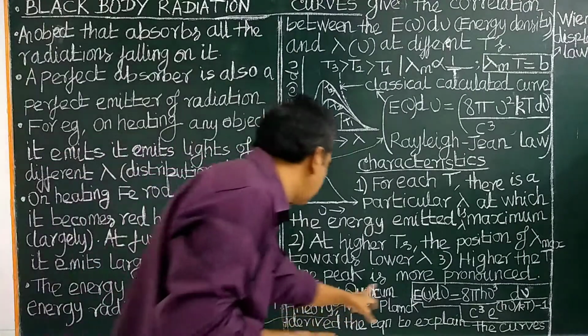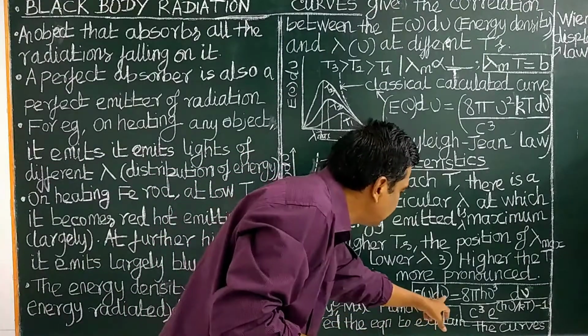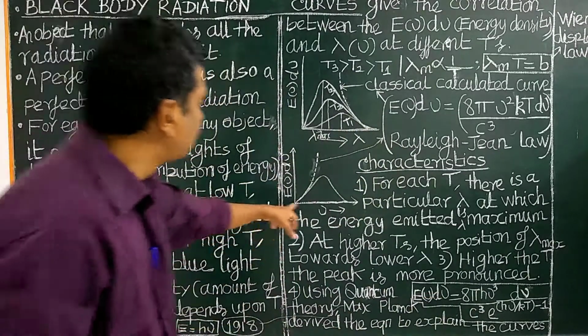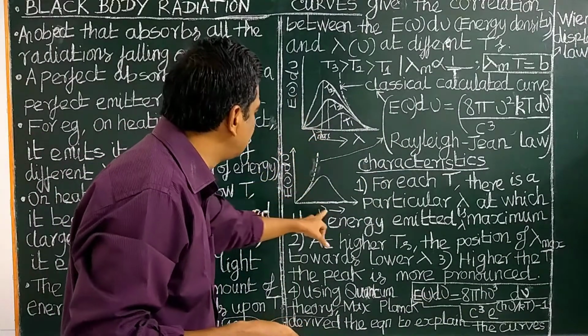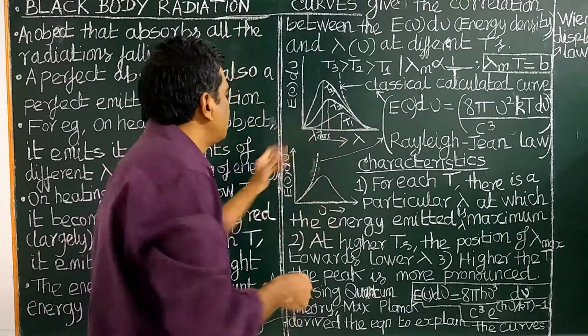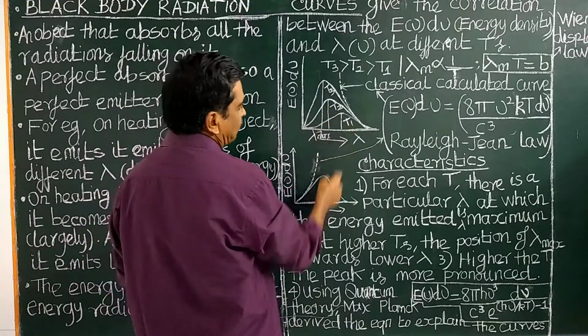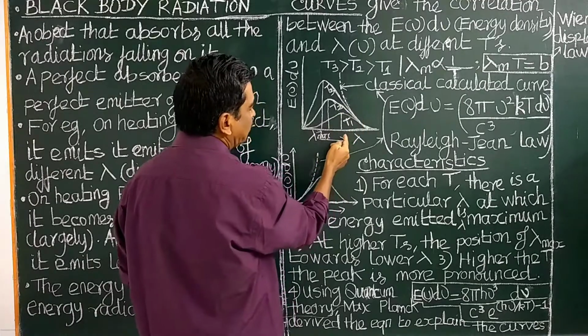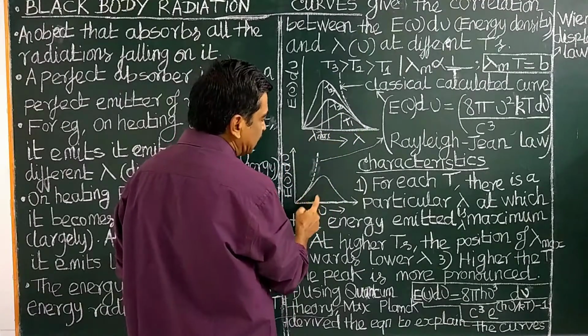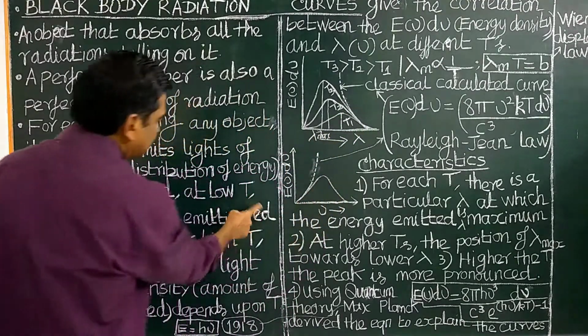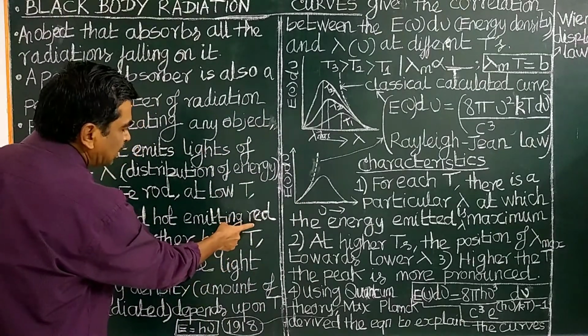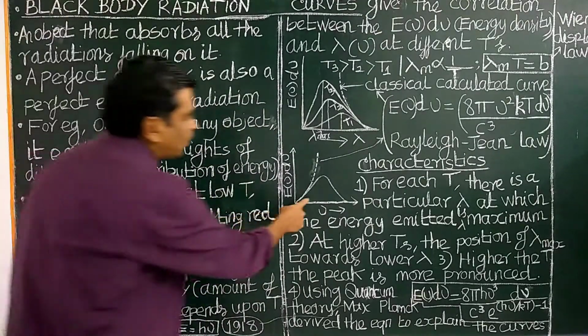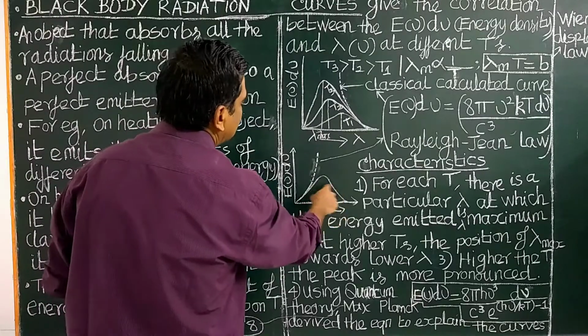He used quantum theory and derived the energy density versus frequency curve. With increasing temperature, lambda max will be decreasing. Blue light has greater frequency than red light. Therefore, in terms of frequency, the peak will shift this way.